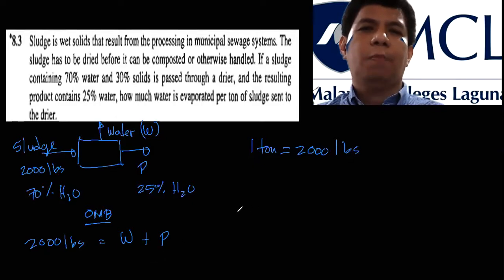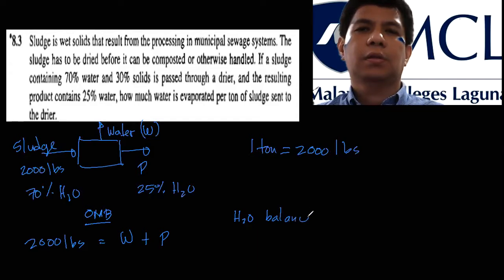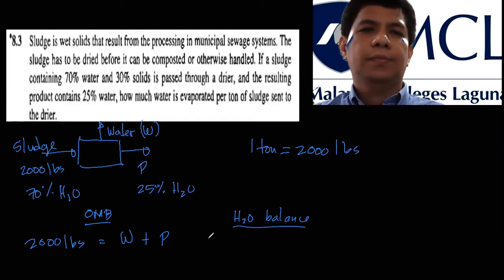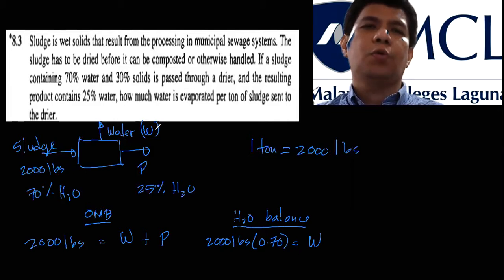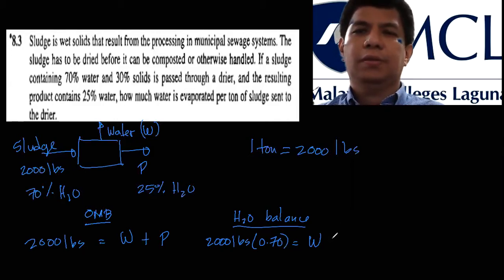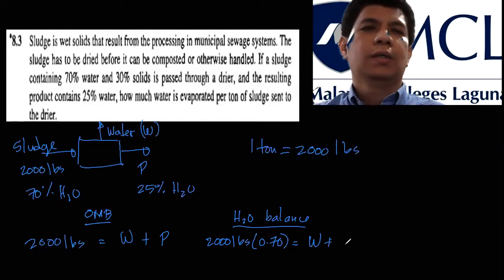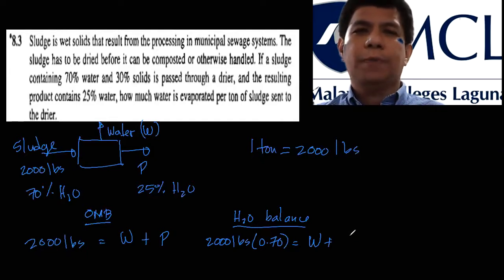And then when you perform water balance, 2,000 pounds times 70% is equal to W. So as you can see, the water here is assumed to be pure water. So times 1, let's leave it that way. And then 25% yung product.